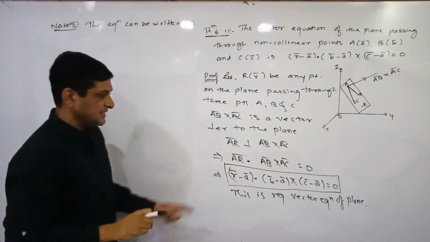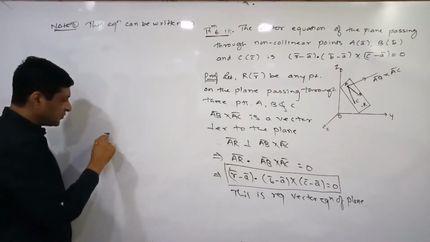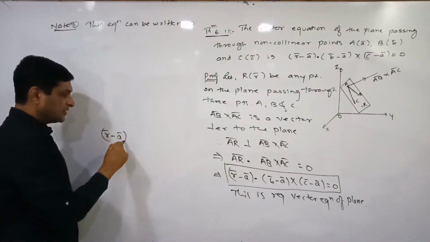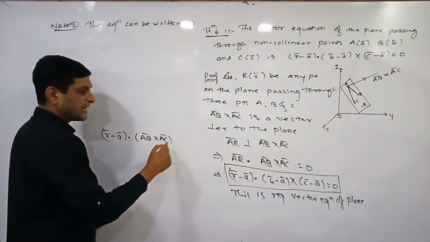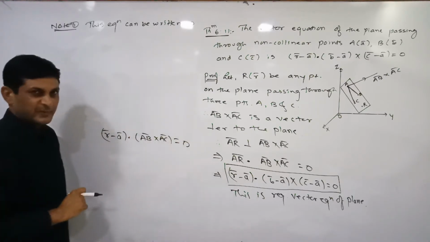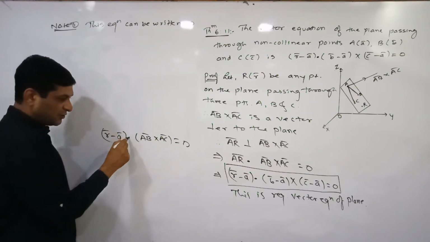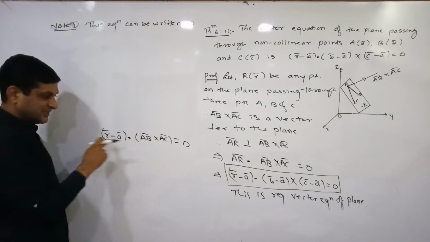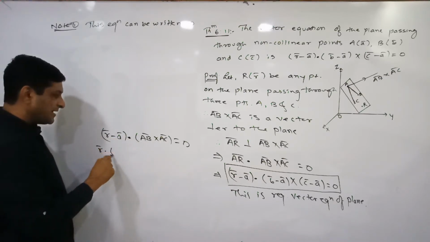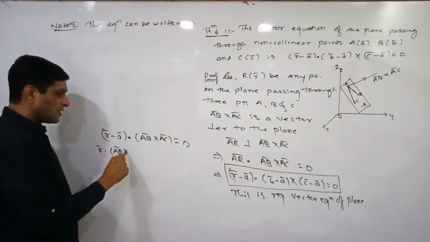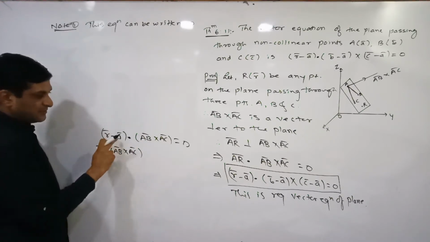Now observe this result. Here AR bar can be written as R bar minus A bar dot AB bar cross AC bar, keep it as it is. On this side 0, also keep it as it is. Now if you take the dot product of AB bar cross AC bar with both the terms in this bracket, what will we get here? R bar dot AB bar cross AC bar. And here again the second term is what?